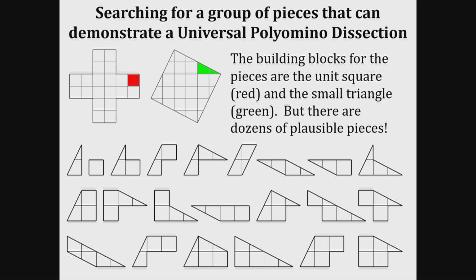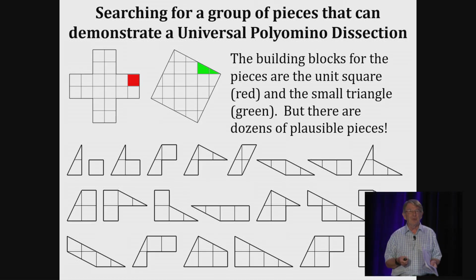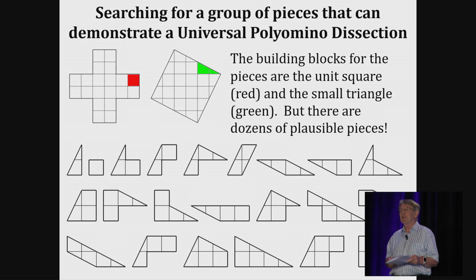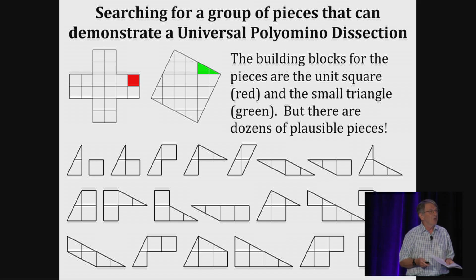But as soon as you start putting them together, you discover that you've got about 30 or 40 of them. And so the problem is, how do you scoop out a group of 8 or 9 pieces and then check them against all of the 17 polyominoes? By the way, I'm using the word polyomino to mean only tetrominoes and pentominoes. As Humpty Dumpty said in Alice in Wonderland, words are what I define them to be.